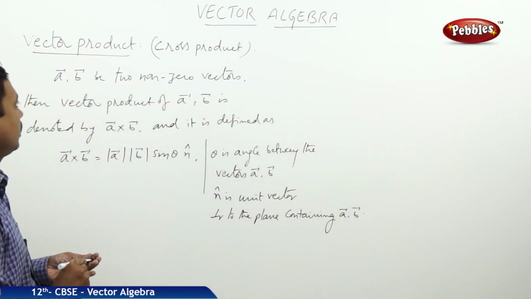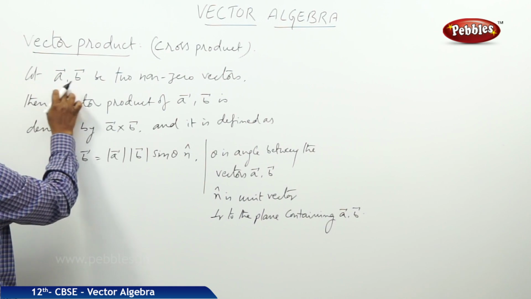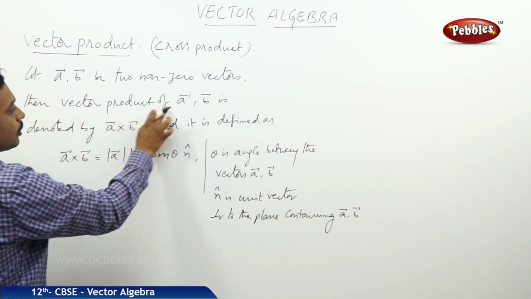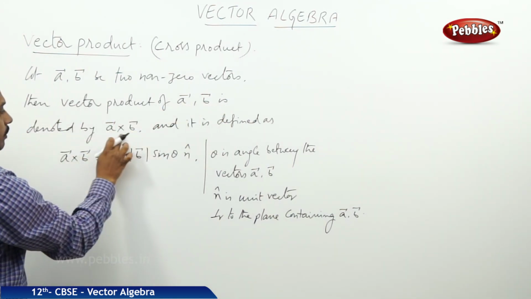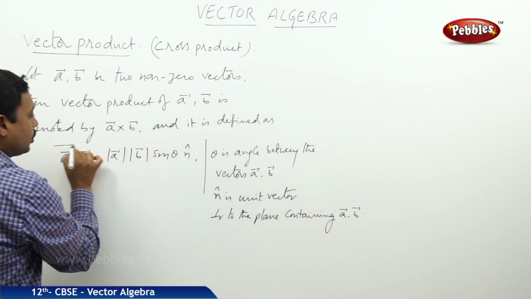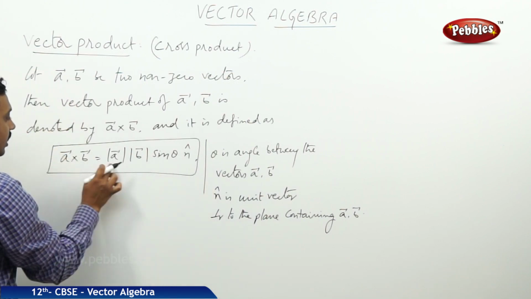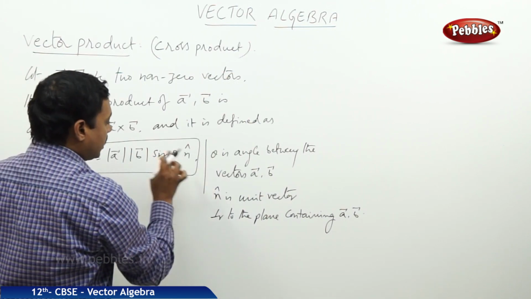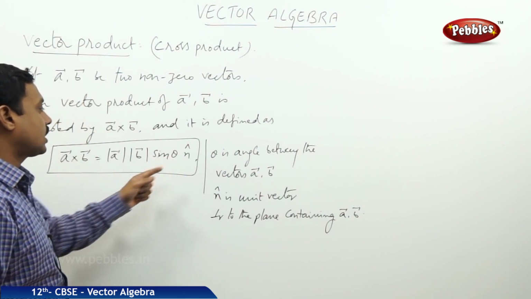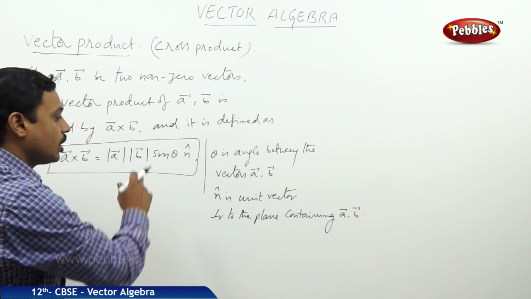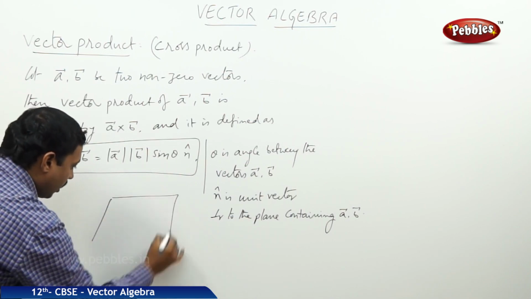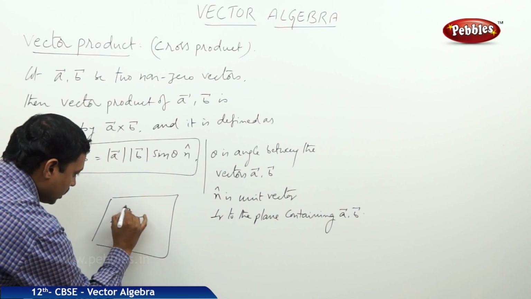Once again, let A bar comma B bar be two non-zero vectors, then the vector product of the two vectors is denoted by A cross B, and it is defined as A cross B is equal to modulus of A into modulus of B into sin theta into n cap, where theta is angle between the given two vectors and n cap is unit vector perpendicular to the plane containing A and B. Suppose if A bar B bar are two vectors on same plane like this.